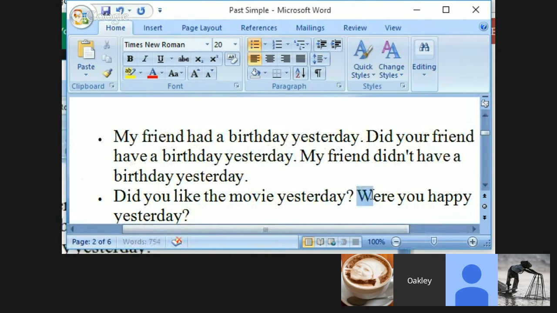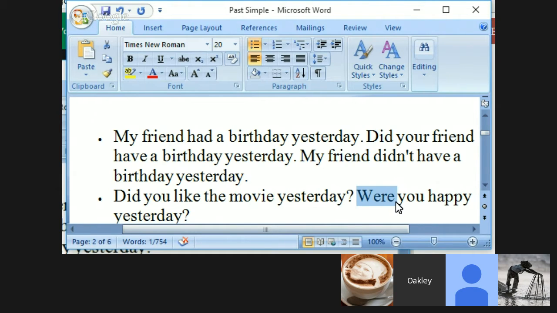Notice I do not have did here. Okay, that's because it's the verb to be. I nearly forgot to mention that in the verb to be. Okay, we were tired yesterday. I was tired yesterday. I'm going to use the past tense forms of the verb to be to form the past simple.